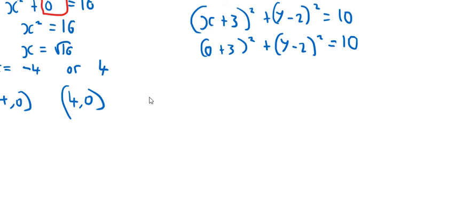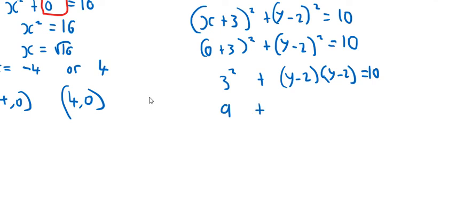And then I'm trying to solve from there to find out what y is. So 0 plus 3 is 3, so I get 3 squared, plus, and then I can change (y - 2)² into (y - 2)(y - 2) equals 10. So 3 squared is 9, plus, and then I can multiply out these brackets.